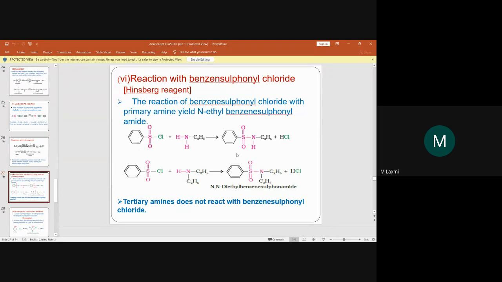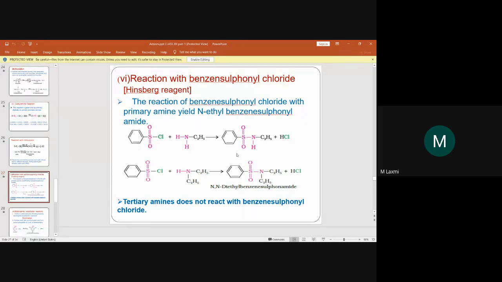Williamson's ether synthesis. Is anybody remembering Williamson's ether synthesis? Nobody is remembering. Okay. Then Finkelstein reaction. Then one more is there, no? Swarts reaction. There, halide exchange will happen.